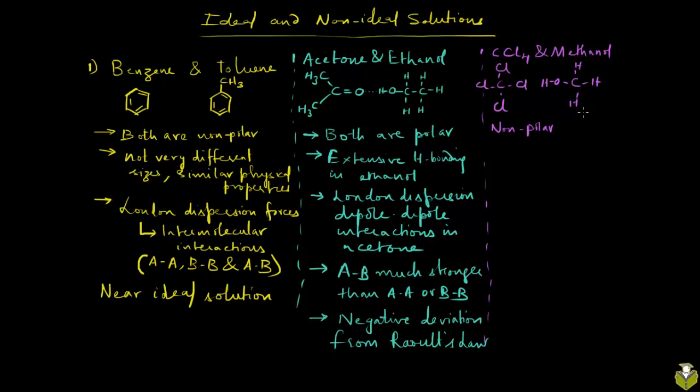So then, as with any other alcohol, methanol is going to have an extensive network of hydrogen bonding. And we said that since carbon tetrachloride is non-polar, the only interactions there are the London dispersion forces.